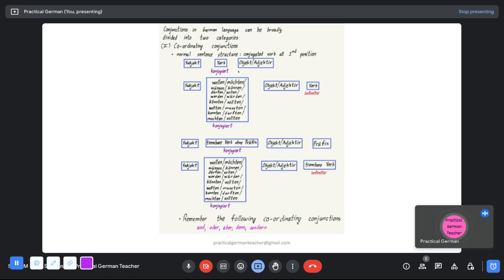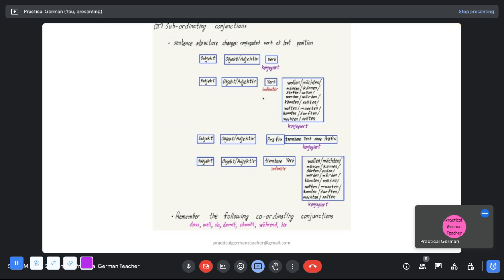If you use a modal verb and a trennbare verb, it's even simpler. You conjugate the modal verb, and the trennbare verb you just write all together in infinitive format. And with the subordinating conjunctions, the second list, all that happens is that the conjugated verb has to be at the last position.